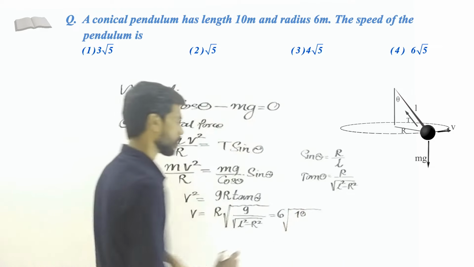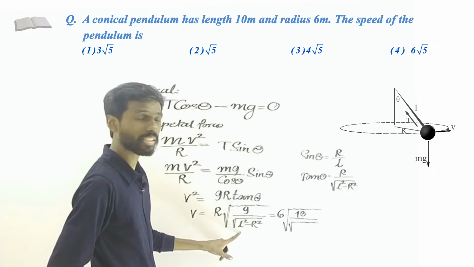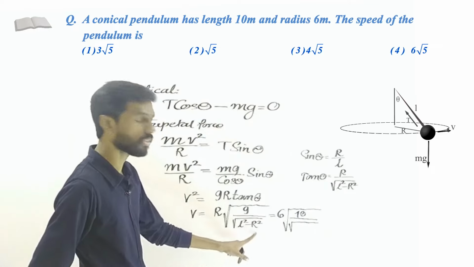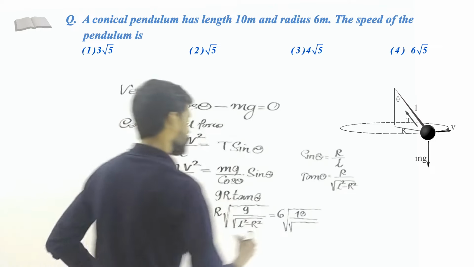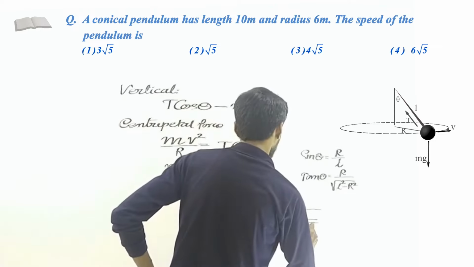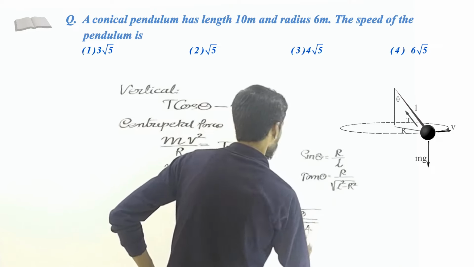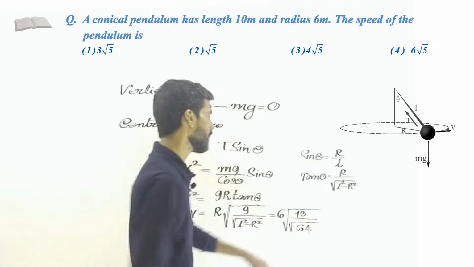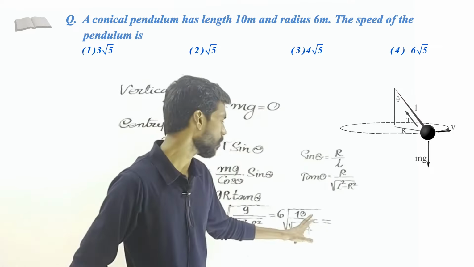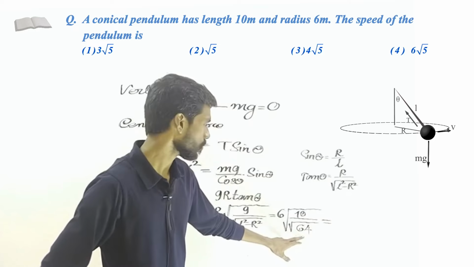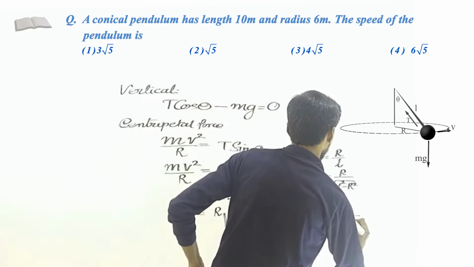The square root of l square, which is 10 square, 100, minus 6 square, 36, that means 64, which is 8. So this is 10 divided by 8. If you simplify, we will get the value of 3 root 5. That's it, just calculation.